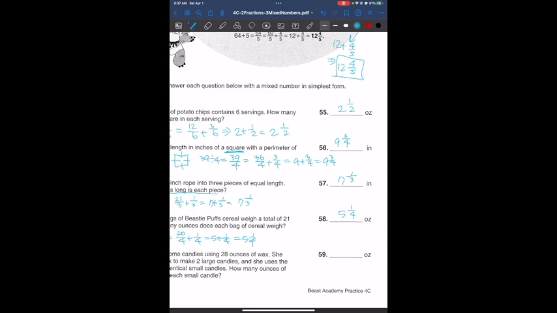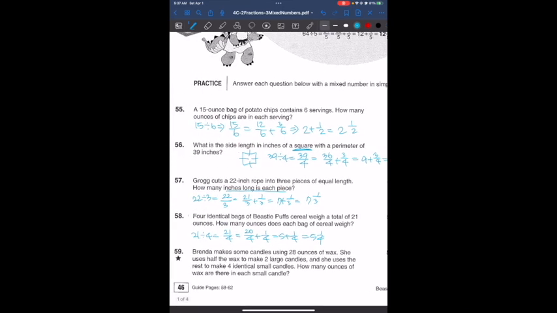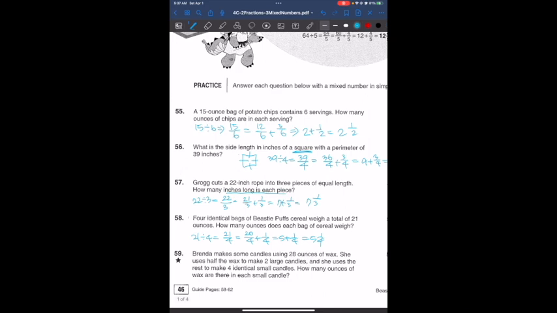Now for problem 59, Brenda makes some candles using 28 ounces of wax. She uses half the wax to make 2 large candles, and she uses the rest to make 4 identical small candles. How many ounces of wax are there in each small candle? So she makes some using 28 ounces, and she uses half the wax to make 2 large candles.